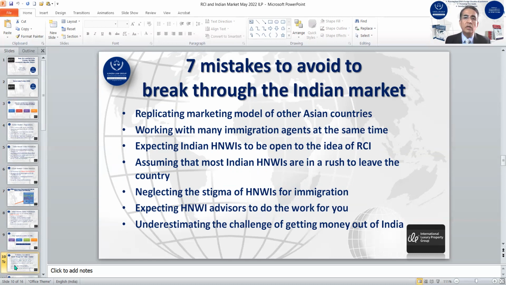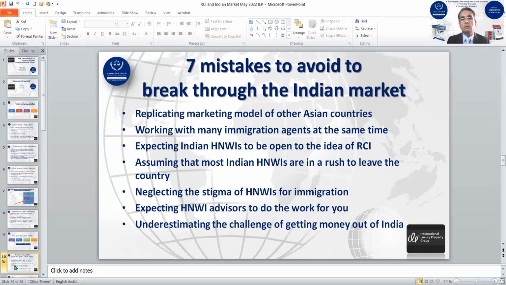Recently, I spoke to one developer in Europe, and I asked this particular question: how many cases have you done for the Portugal Golden Visa program from India? Oh, we have 8 clients. I said, good. Can you tell me whether your clients are based in India, or were out of India, or had money out of India?